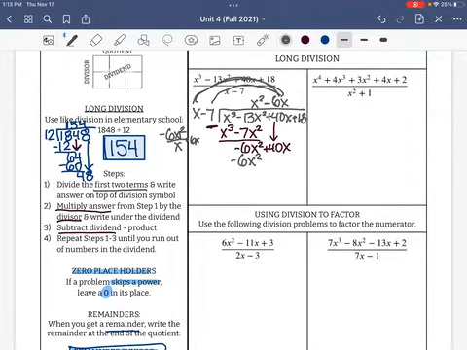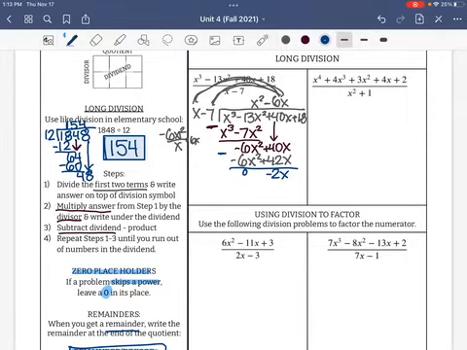And then -6 times -7 is 42x. Just don't forget that you are subtracting these. So -6 minus -6 is 0, and 40 minus 42 is -2x.